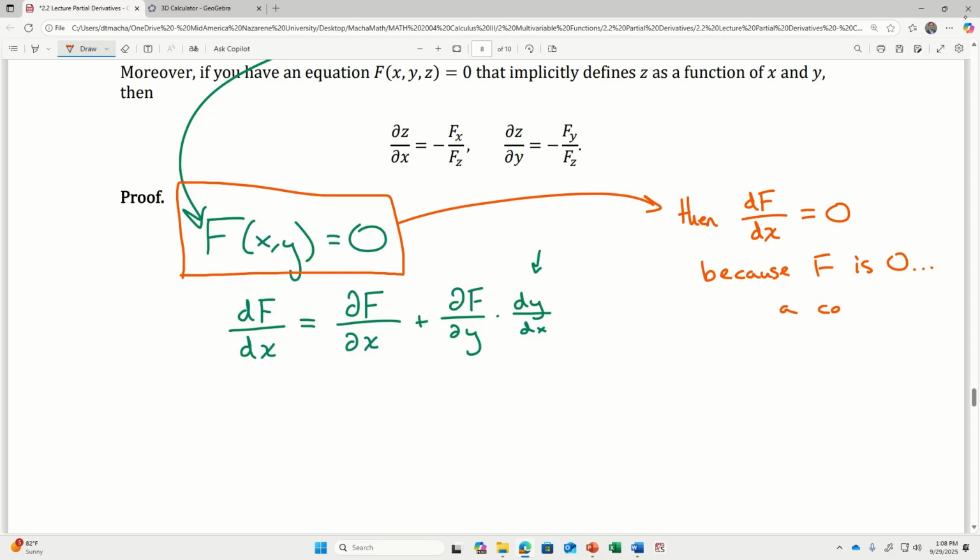It's a constant. Right? For any valid choice of x and y that satisfy this equation, the capital F function is 0. That's what it means to satisfy the equation. So if capital F is always 0, it's a constant function, and that means any derivative of a constant function is 0. So I can use that knowledge over here and make this into a 0.